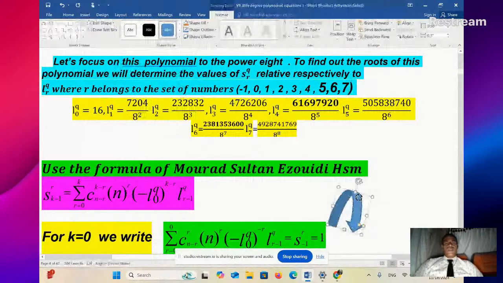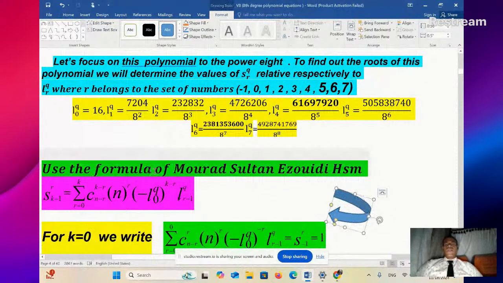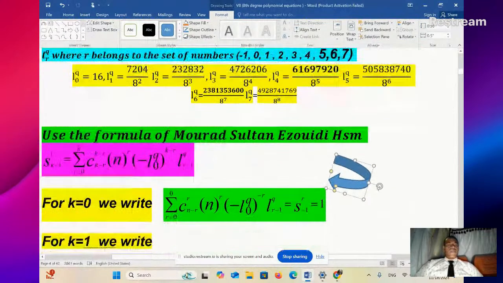This one is my formula. It's called the decimal formula of Murad Sultan's video HSM. H denotes the name of my mother, S the name of my father, and M is Murad. I'm going to apply this formula so that we can work out the roots.